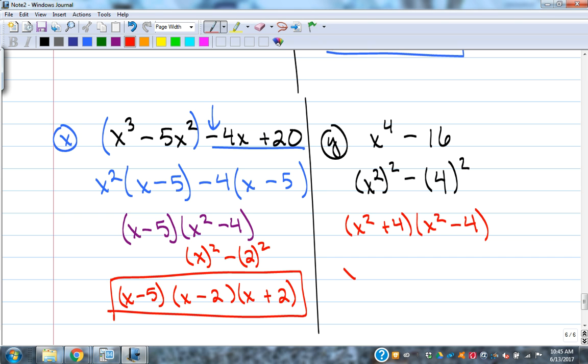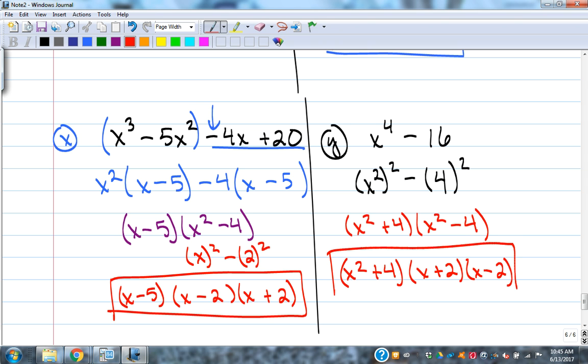We know the factors of it would be x plus 2 and x minus 2. And then that's the completely factored form of that. So when you're factoring completely, you've always got to look to see, okay, can I go any further? Can I take this apart any more than what it already is?